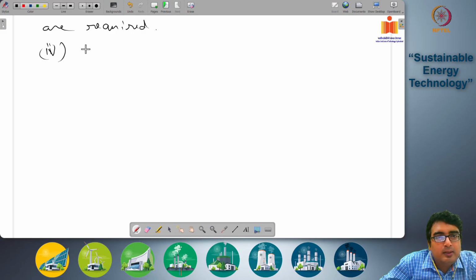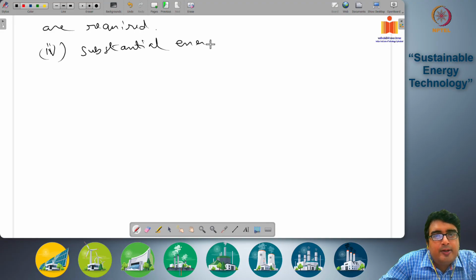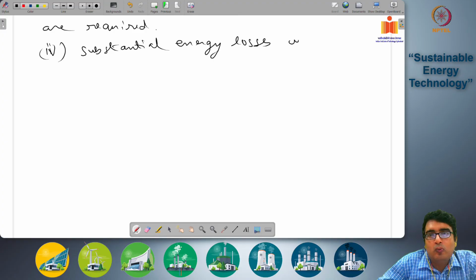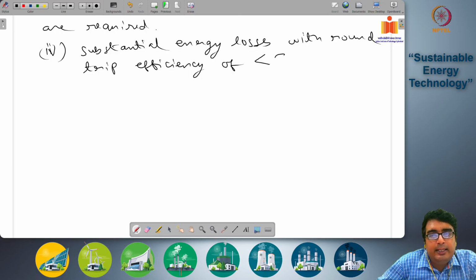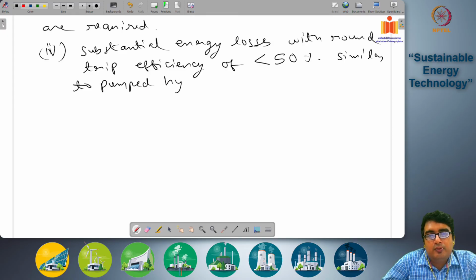Okay. Then a second problem is substantial energy losses with round trip efficiency of less than 50%, similar to pumped hydro systems.